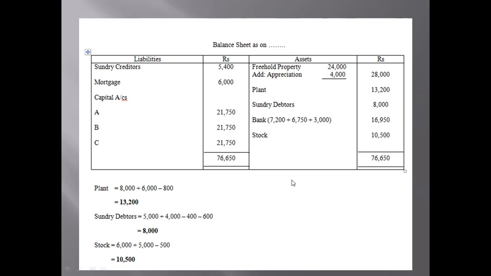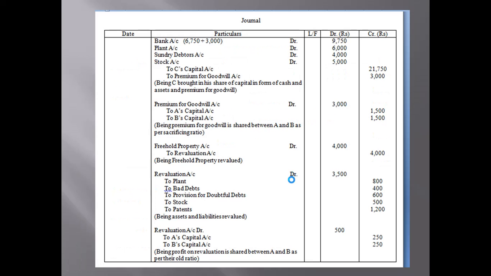Now after that, we have to move on to the journal. We can do the journal before or after as well, but it is advisable to make the journal before making the ledger accounts. But while preparing the journal before, we may have a small problem. And what is that problem?